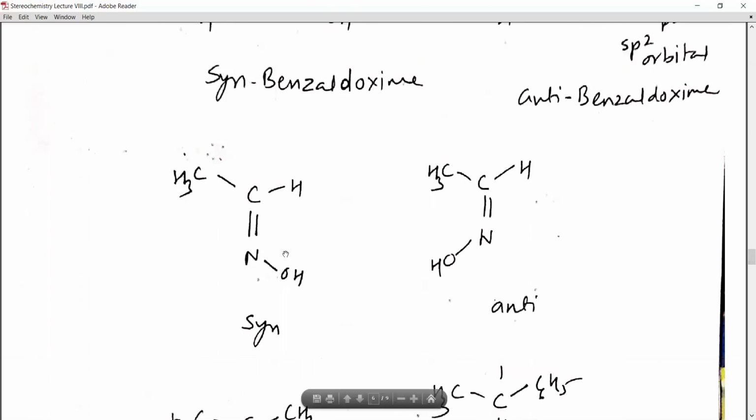In this molecule, the higher priority group methyl of this carbon and the hydroxy group are both on the same side, so it will be referred to as syn. Here, the lower priority group of this carbon and the hydroxy group are on opposite sides, so it will be referred to as anti.